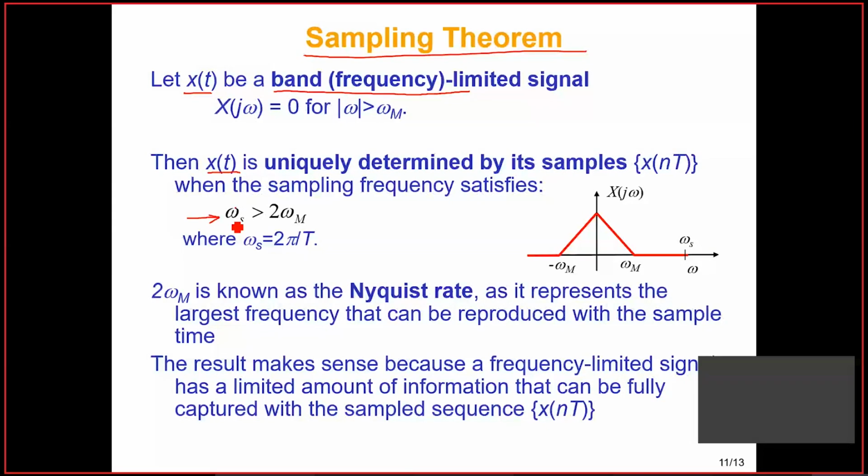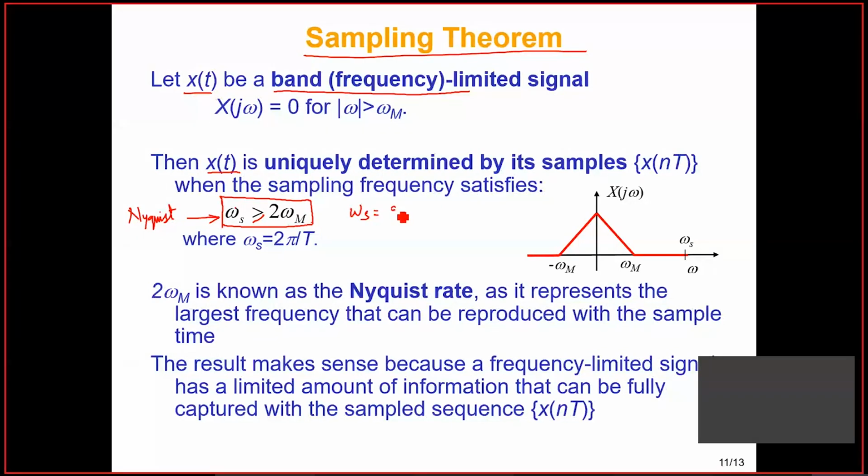Now this omega s, which is greater than 2 times omega m, this rule was given to us by a scientist named Nyquist. The limiting case of this would be that your omega s is equal to 2 times omega m.